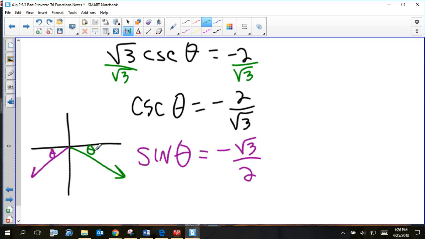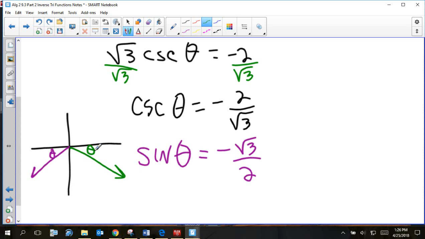So is sine positive? Almost all of these are going to have 2 answers. The ones that wouldn't have 2 answers would be like when they're on the axis. There's only one place where sine is negative 1. That's on 270 degrees. So most of them are going to have 2 answers.